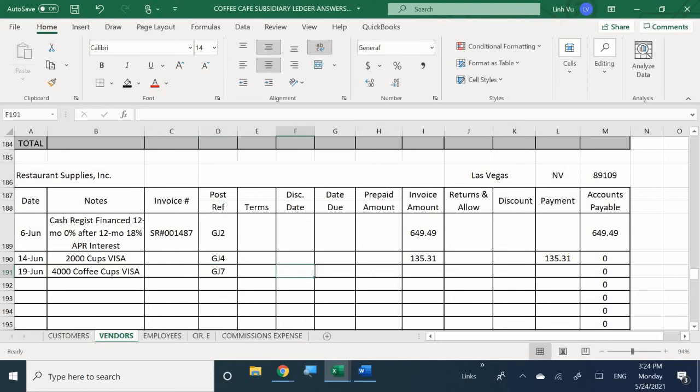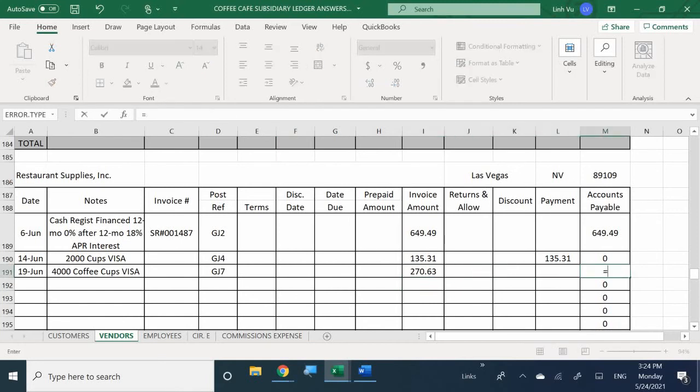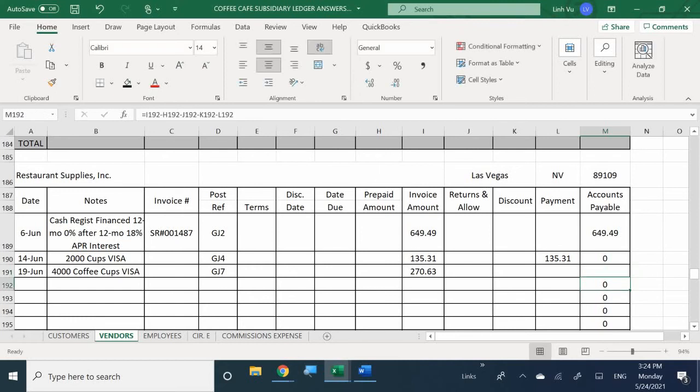No invoice. 270.63 in the invoice, and because we used the credit card to pay for it, we owe $0. Yep. It should still show just the 649.49 for a balance.